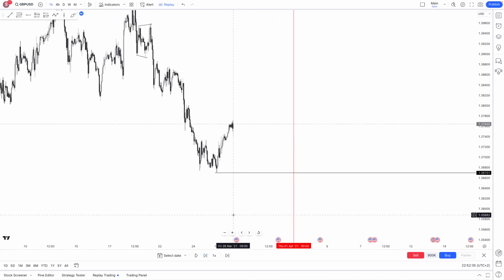Okay, so this is what I want to see. I want to see market pull back in order for me to get an entry. As you guys can see, market has been pushing, but there hasn't been any entries.